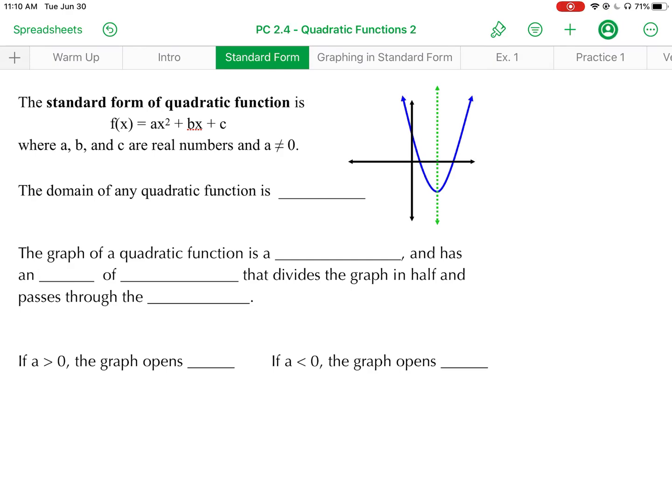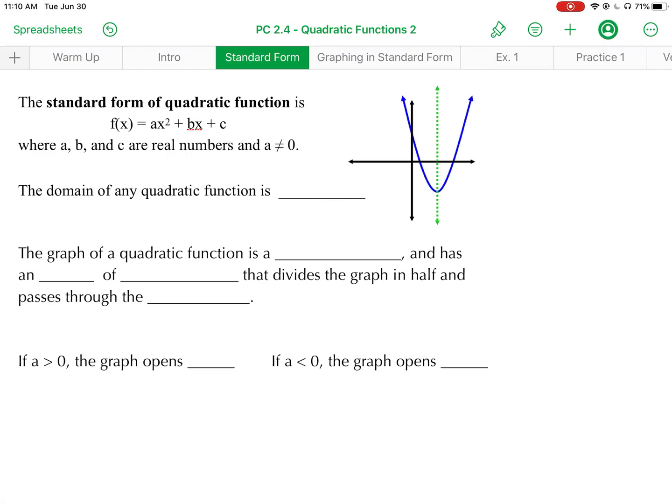What makes this function quadratic is that the leading term, ax squared, has a power of 2. Think of it like this: we're taking the linear functions we've been studying so far in this unit, and by adding that front term of ax squared, we are changing from linear to quadratic.